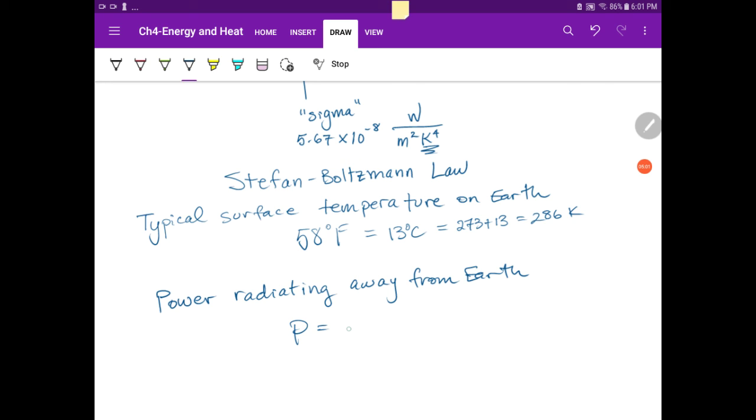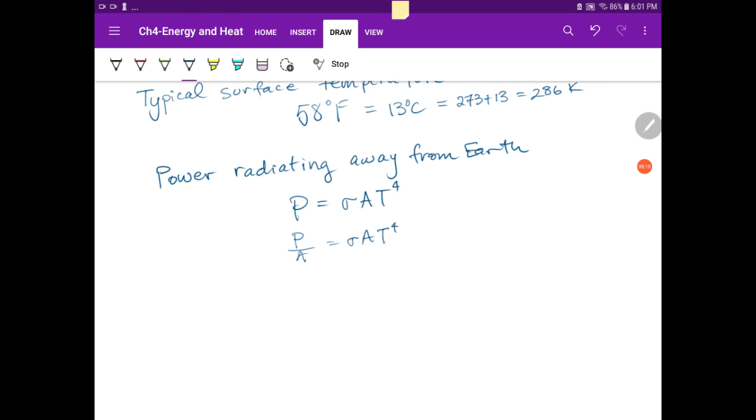And again, I'm going to ignore the E. It's just sigma A T raised to the fourth. Really all I care about is how much power per area is radiated away, so I'm going to divide both sides by A. The reason for that is I know how much sunlight comes to the Earth per square meter on the surface of the Earth, and so I'm going to make a comparison.